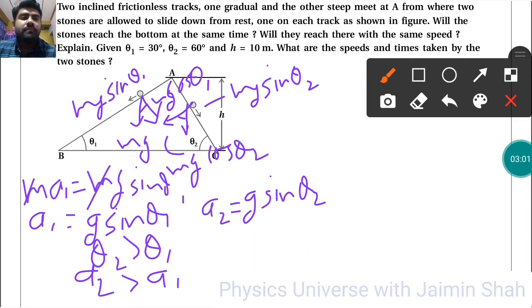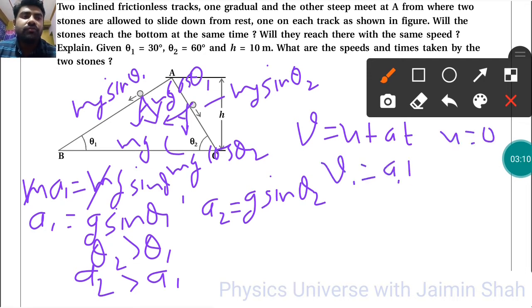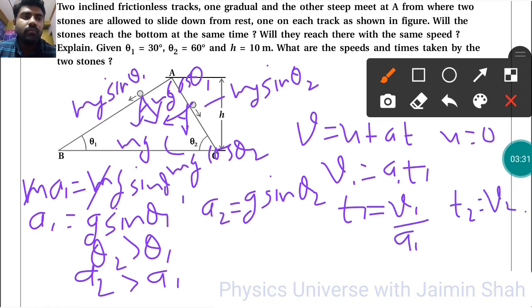Now with the first equation of motion, v is equal to u plus at, we know that this motion starts from rest, so u is equal to 0, so v1 is equal to a1 into t1. So t1 is equal to v1 upon a1. Similar things happen for the second object also: t2 is equal to v2 upon a2.